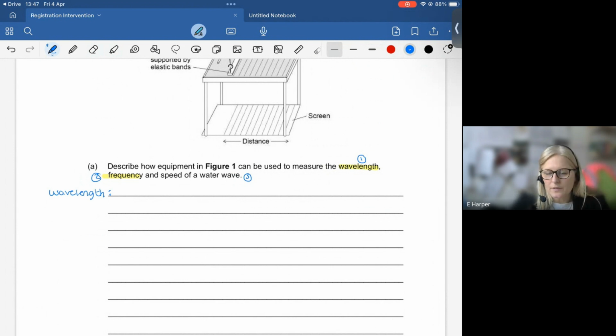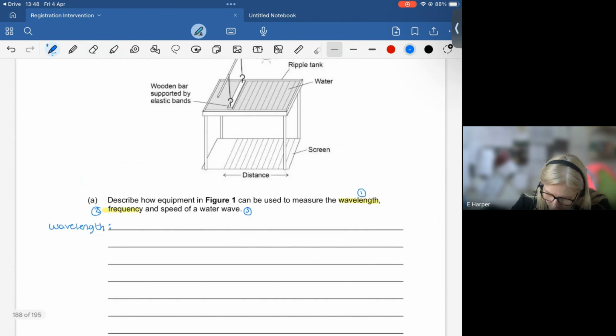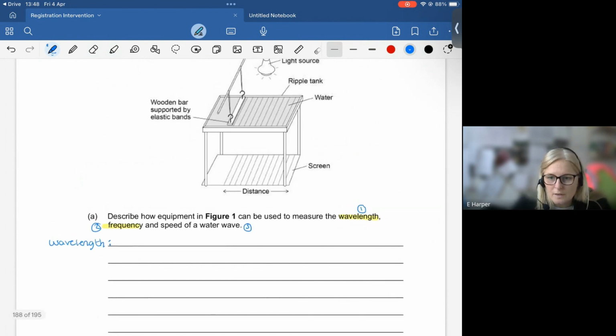Wavelength is simply the distance between the peaks of two waves or the troughs of two waves. So how can we do that? On the diagram, we have a screen, and that screen actually has all the waves shown as shadows on the bottom of it. If we can work out the distance and we can see how many waves there are, we should be able to work out the distance of a single wave. But the current setup is missing a piece of apparatus.